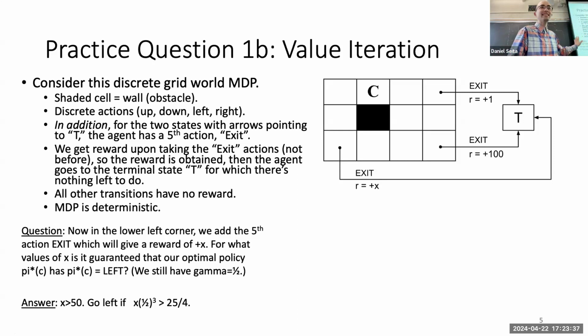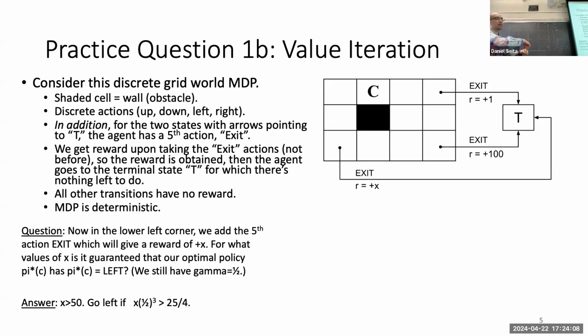You see why that's the case? Because what happens is, if you go left, starting from C, you take one action, the second action, the third action, and then you exit. So the first time step, the discount factor is gamma 0, then it's gamma 1, then gamma 2, then gamma 3.